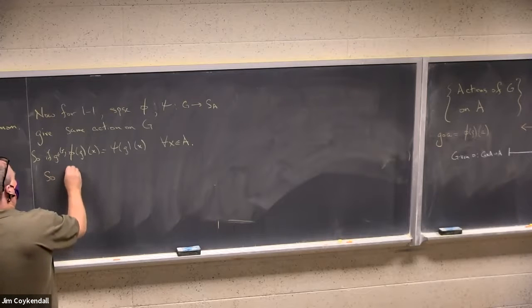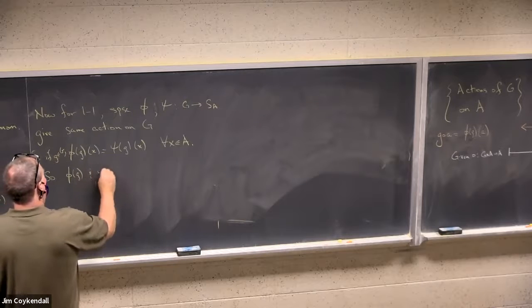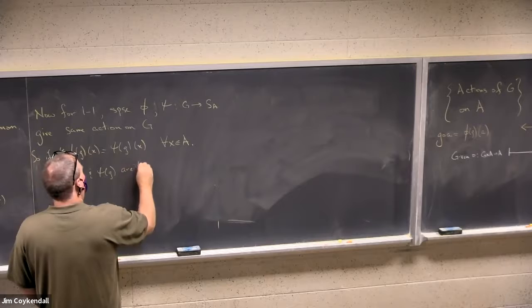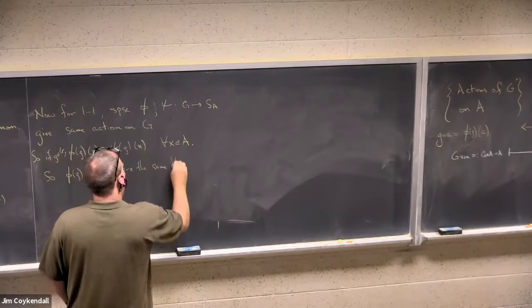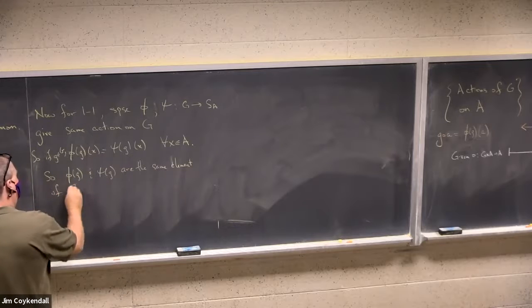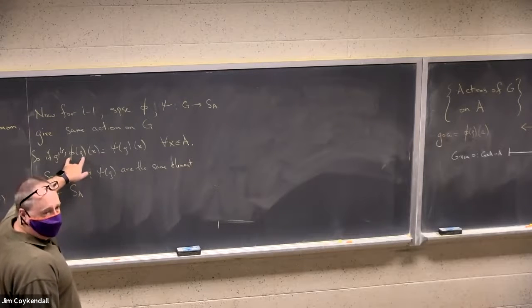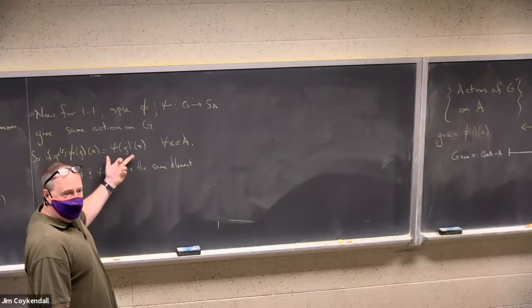So phi of G and psi of G are the same element of SA. Because what you're saying is these two functions, these two elements of SA, no matter what X is, they've got the same destination.